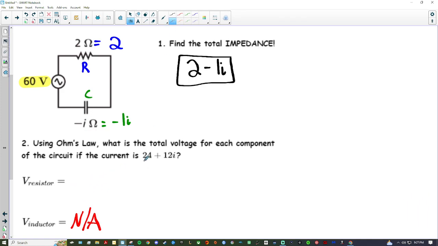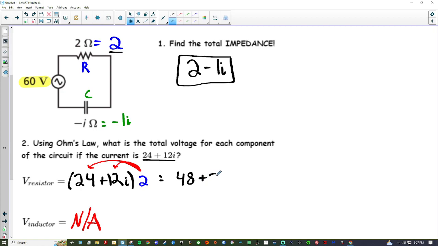So we're going to multiply our current times our component's resistance. So 24 plus 12i, and we're going to multiply this by our resistor's resistance, 2. And just like before, we're going to distribute. So this is going to be 48 plus 24i.